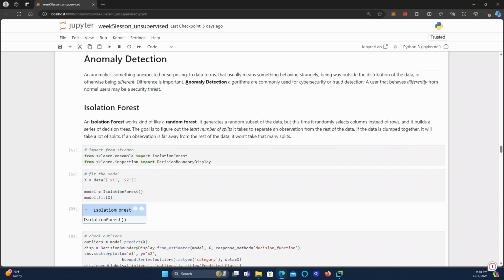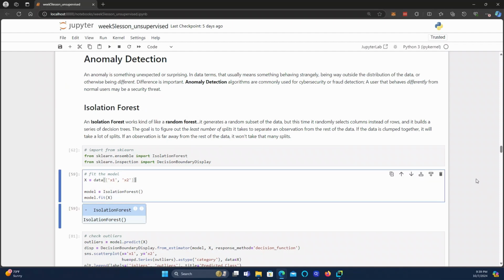Now, anomaly detection algorithms are commonly used for cybersecurity or fraud detection, okay? A user that behaves differently from normal users may be a security threat. If the bank thinks you made a purchase that is different from your usual purchases, then they might flag that as fraud. That's what anomaly detection is used for.